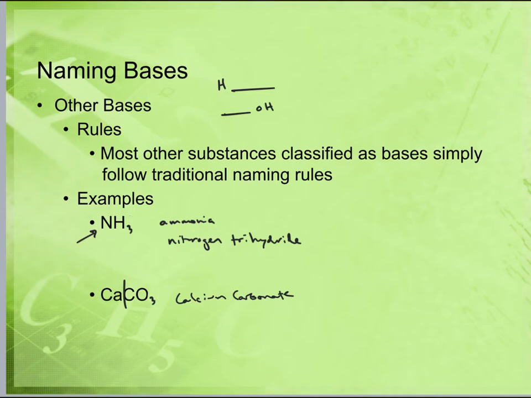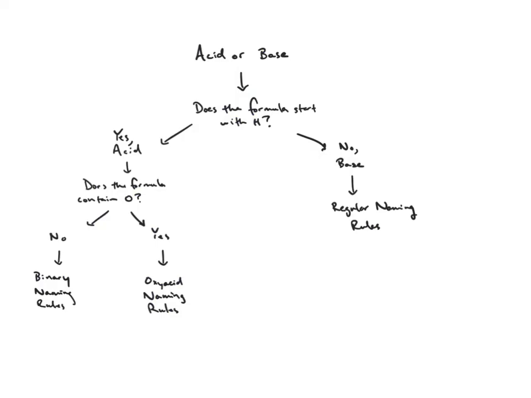Okay, so here's a convenient flow chart to tell us how we should name something. So, is it an acid or a base? The question starts with, does the formula start with hydrogen? And this is a good principle to start with usually. I'll explain one exception here in a moment. If yes, then we're dealing with an acid.